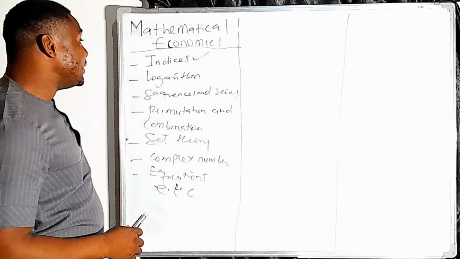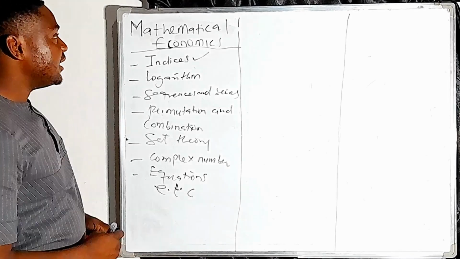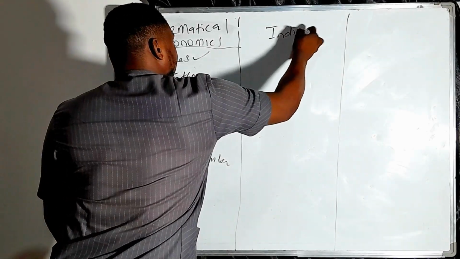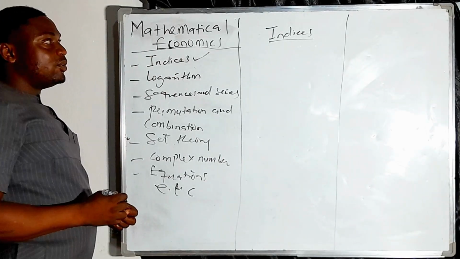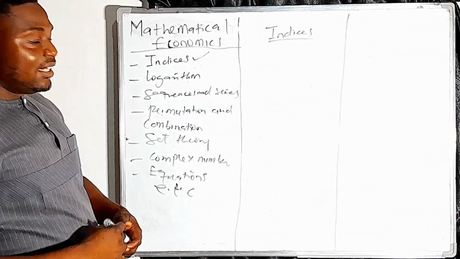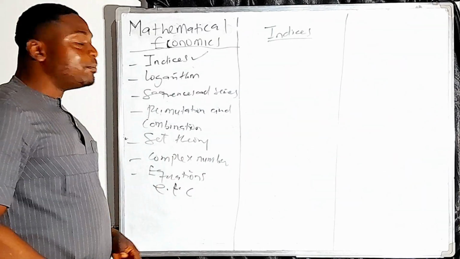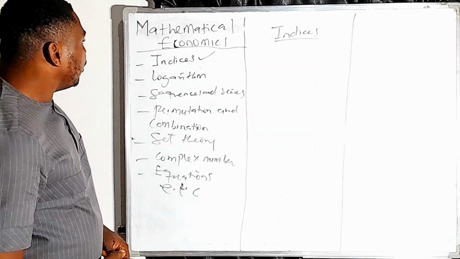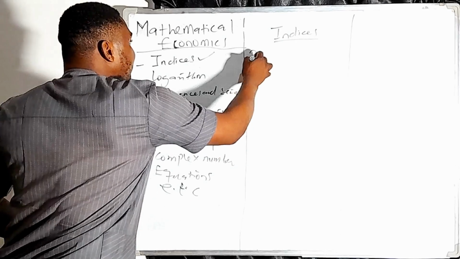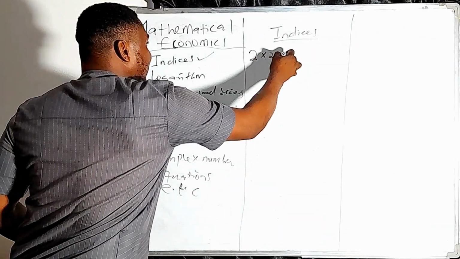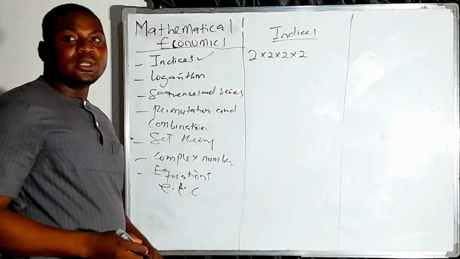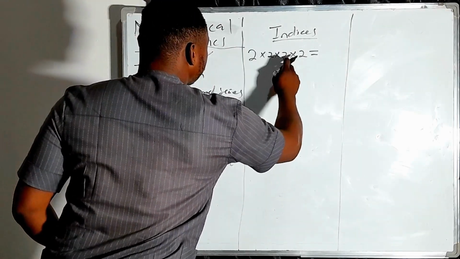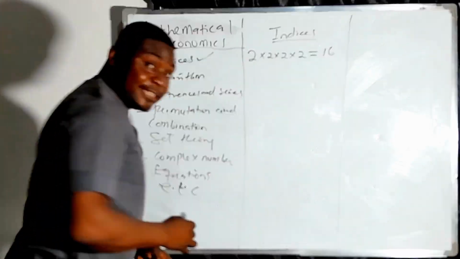So in this series we are going to be dealing with indices. When we talk about indices, what are we saying? Indices come from the index form. For example, when we have 2 times 2 times 2 times 2, it is equal to 16.